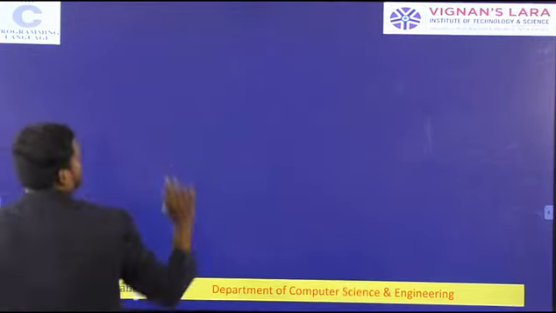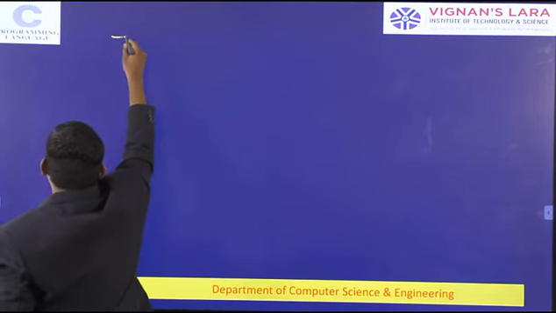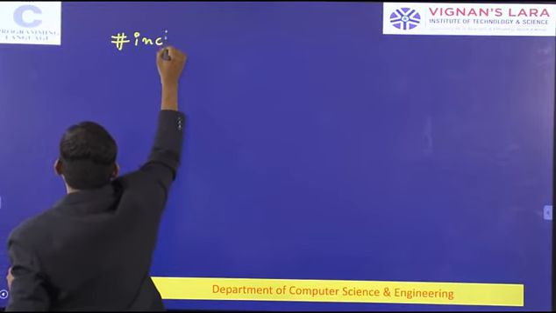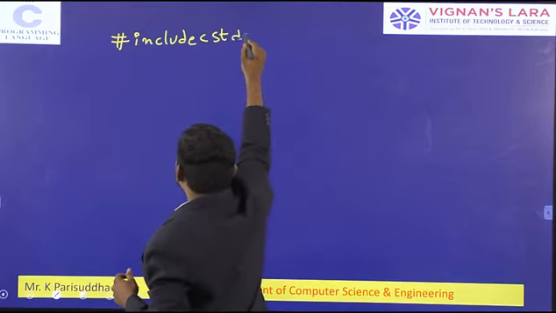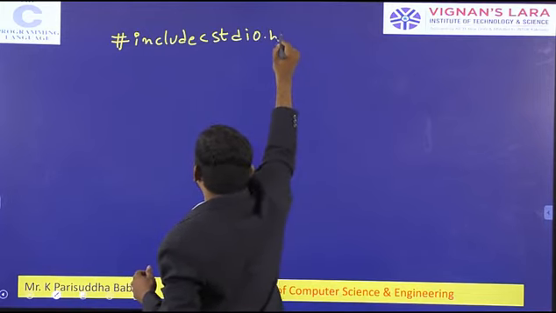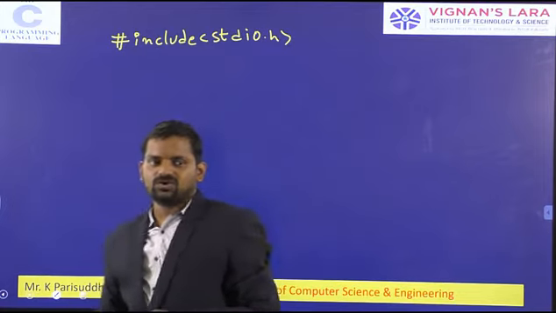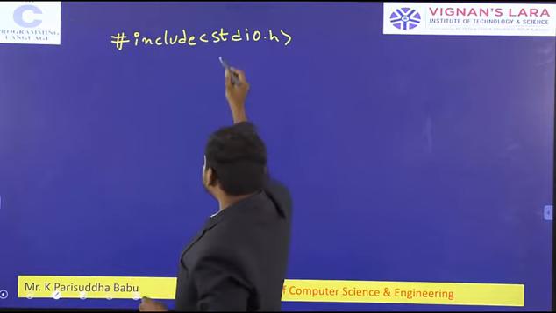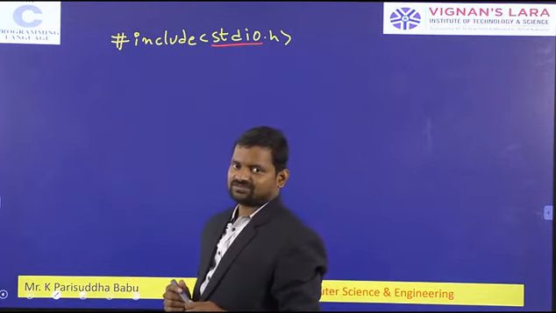First, every C program starts with the preprocessor directive. That is hash include stdio.h. Stdio.h is the standard input output header file.